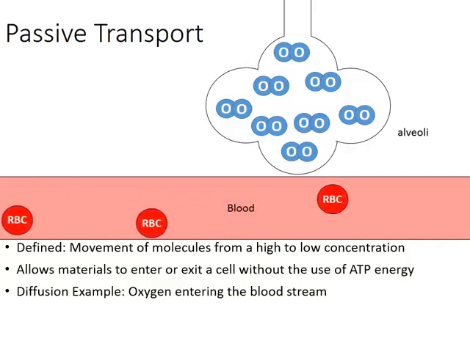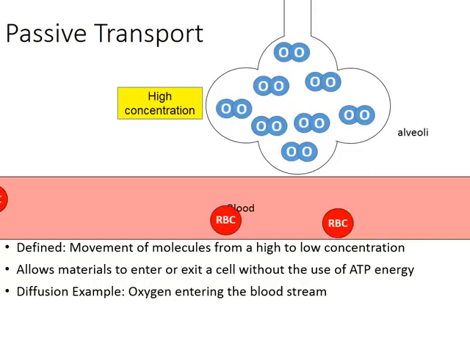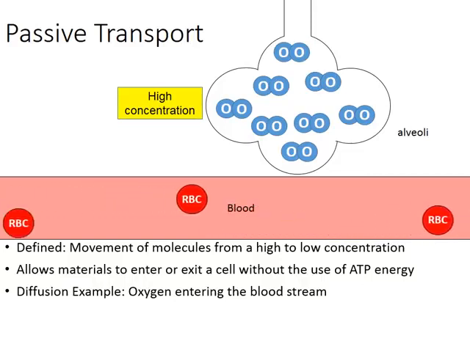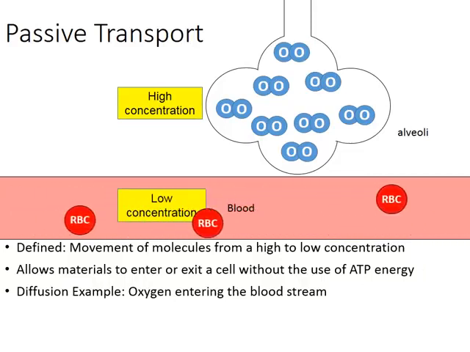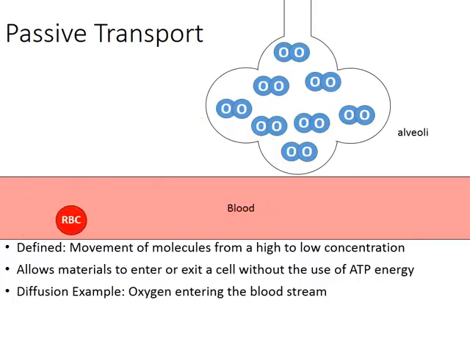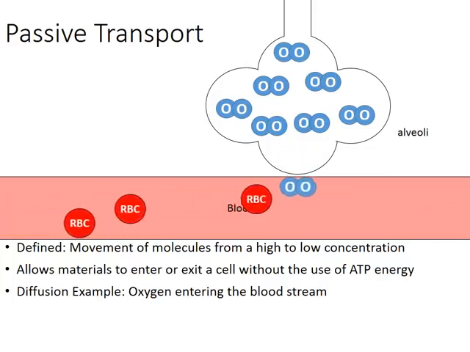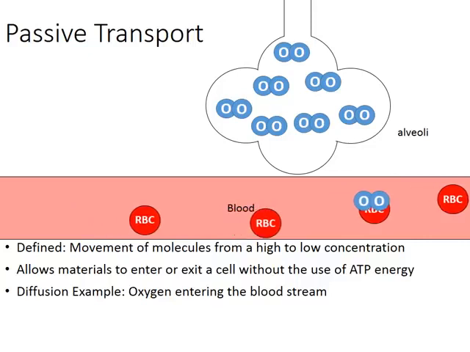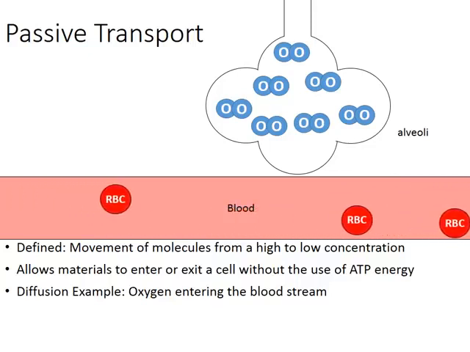And when that happens, I hope you can see there's a high concentration of oxygen in the alveoli, and there's a low concentration of oxygen in the bloodstream. So O2 is such a small molecule that it can actually pass through the layer of the alveoli and into the bloodstream when it's then picked up by a red blood cell.